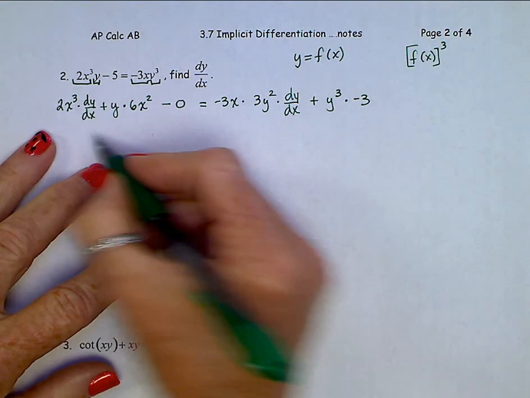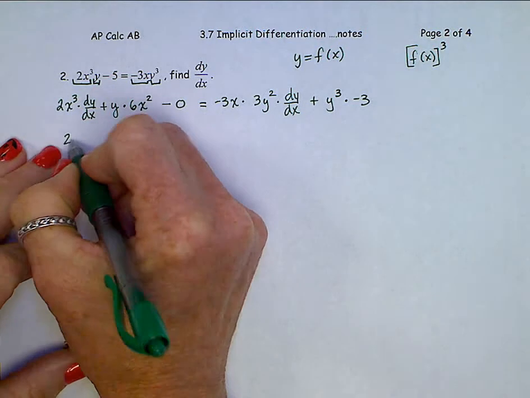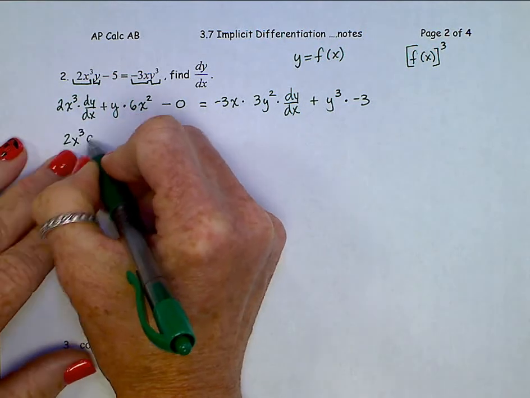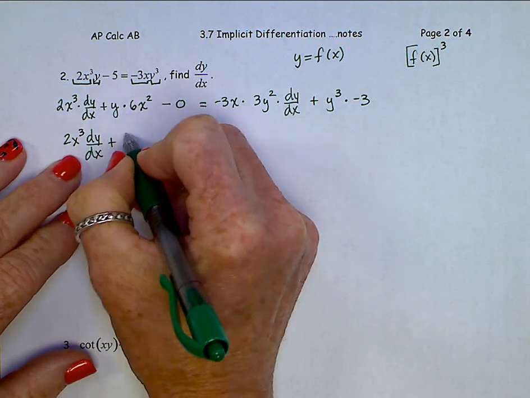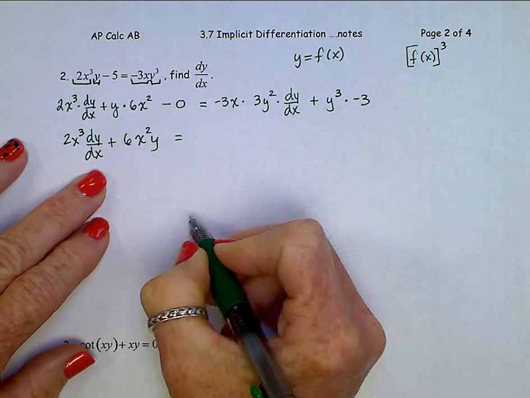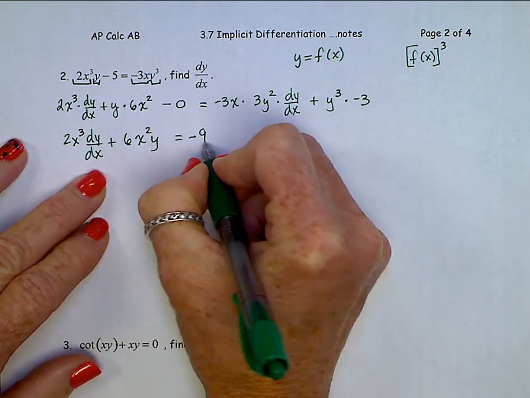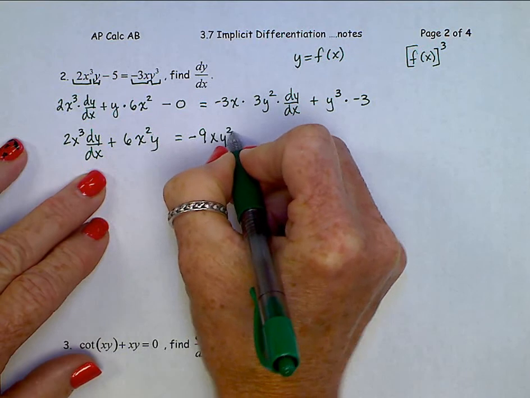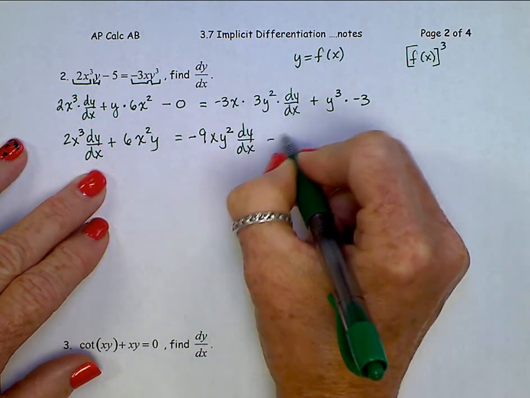Messy, messy, messy. Let's go ahead and clean this up a bit. We'll have 2x cubed dy dx plus 6x squared y equals, when we multiply here, that's going to give us a negative 9xy squared dy dx minus 3y cubed.